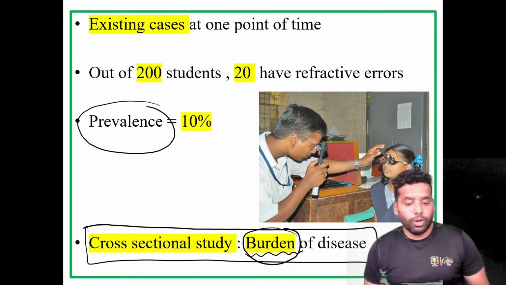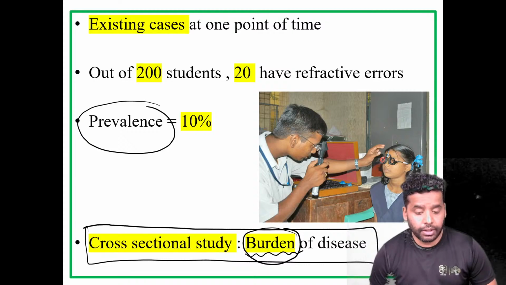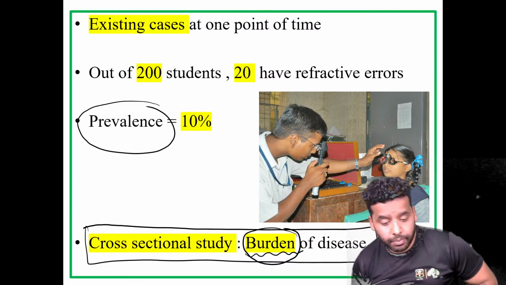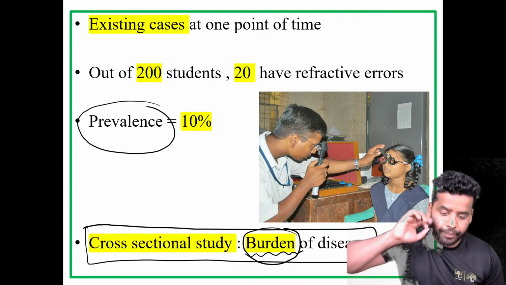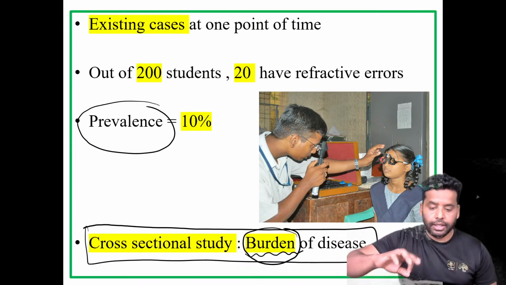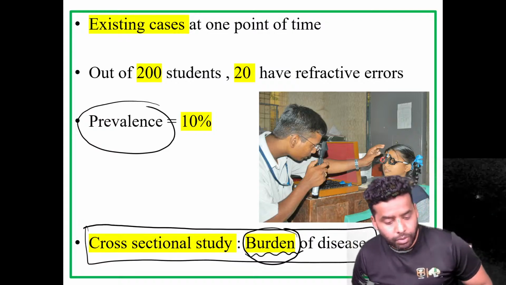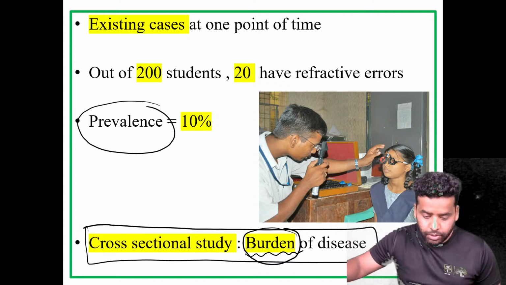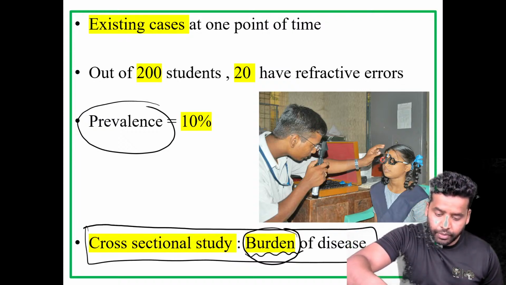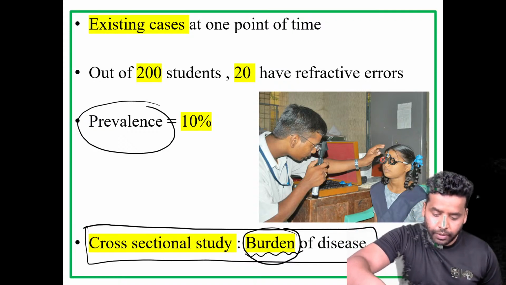Good. Mortality indicator is different. Here it is morbidity indicator. Again you are making the mistake. Mortality indicator is PMR, but morbidity indicator is prevalence. So don't make mistakes.